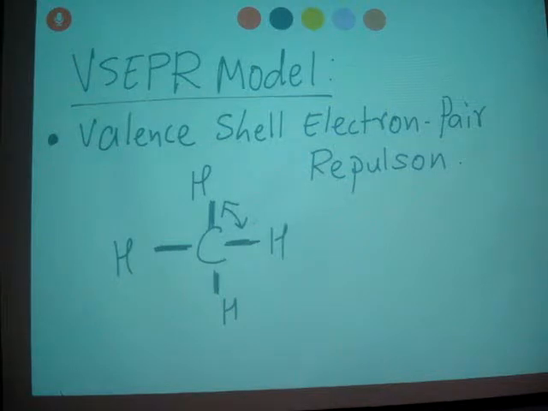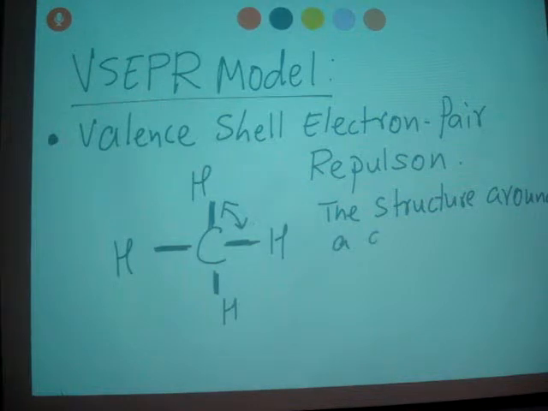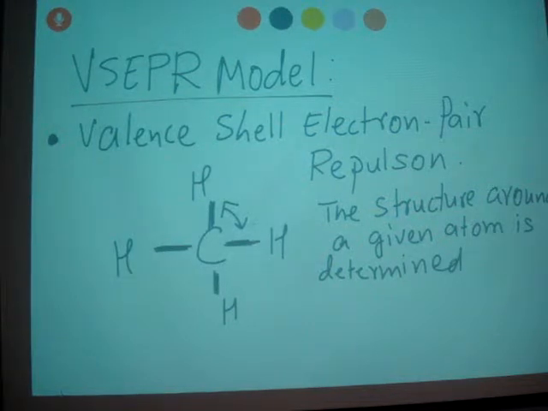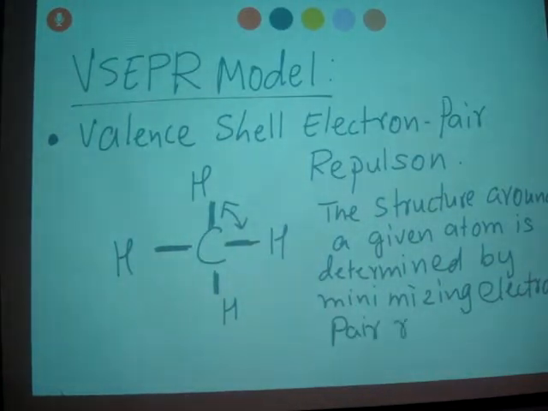So in theory, the structure around a given atom is determined by minimizing electron pair repulsion.